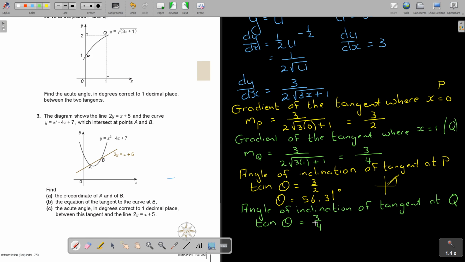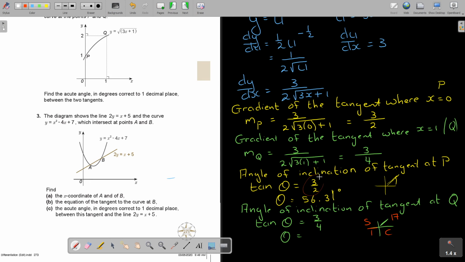So shift tan bracket 3 divide 4 close the bracket equals, now this is going to be 36. So theta, and remember it's positive, so it's again in the first quadrant, because I just want to recall the CAST diagram. So where is tan positive?